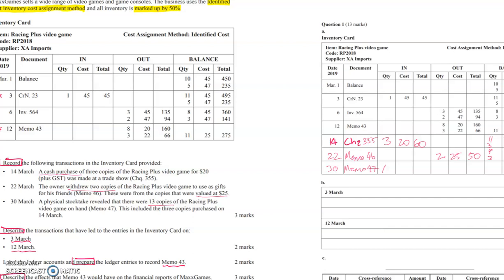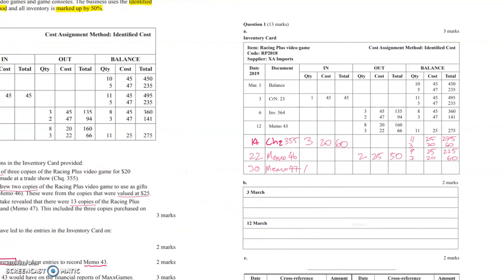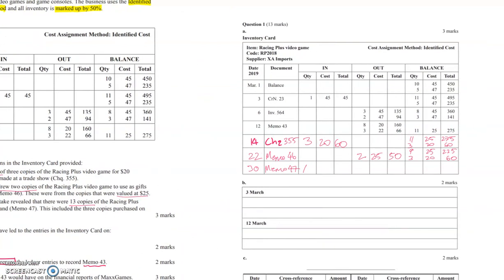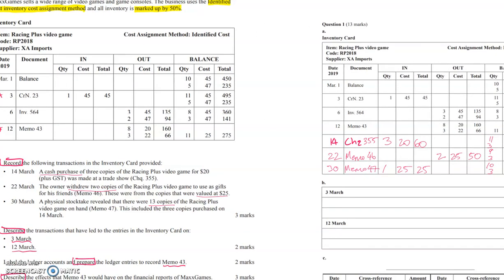Well, we know we have 3 copies that were purchased on the 14th, so we still have 3 of the $20 batch, so we picked up one of our $25 batch. So if we add one at 25, leaving us with 10 units at 25, total cost of $250. We still have 3 at $20, with $60 value. So as you can see, our total balance, 13 units, agrees to our inventory count of 13 units.